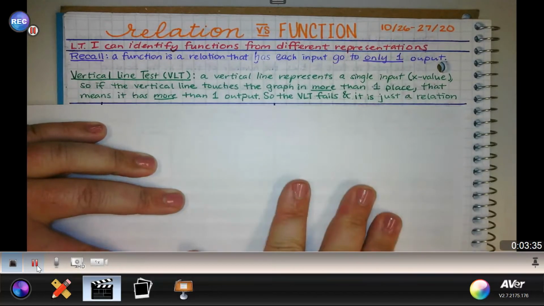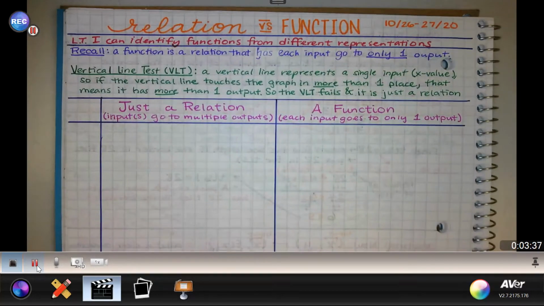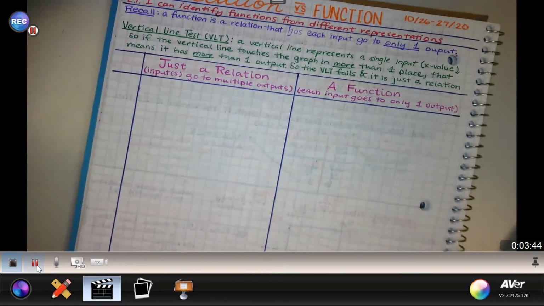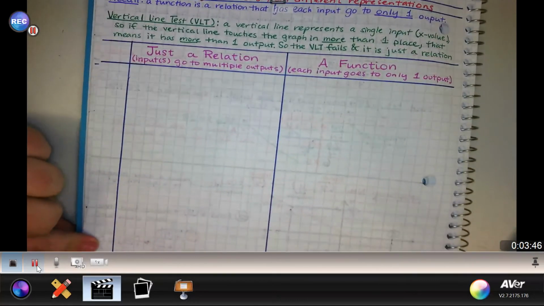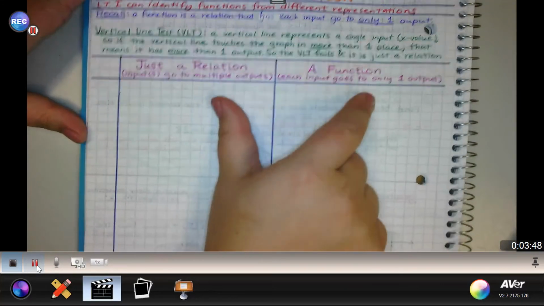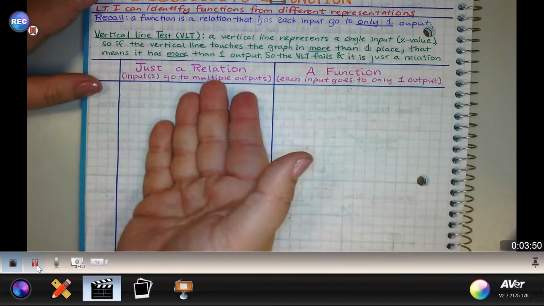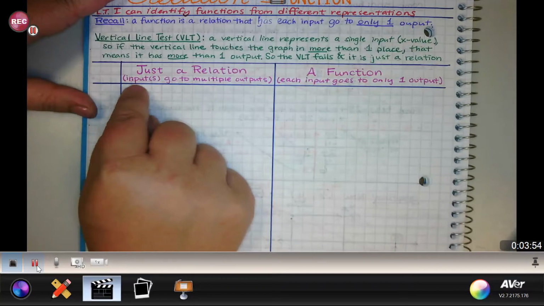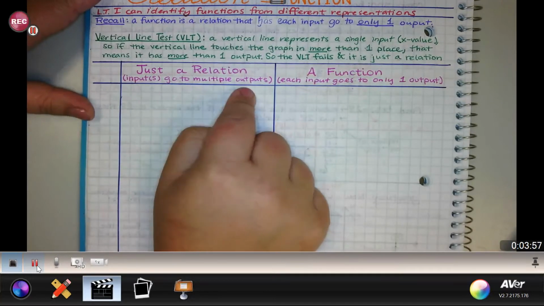Okay? All right, so now what we're going to do is create a table, and I made this table go down the rest of the page, the whole thing. Notice that I made this column over here really, really small. Please do that. And we're going to explore, just like the title says, things that are just a relation, meaning that one input or multiple inputs go to multiple outputs.